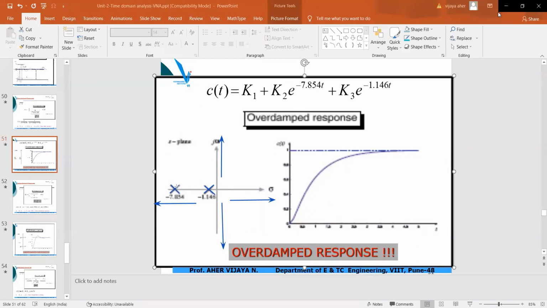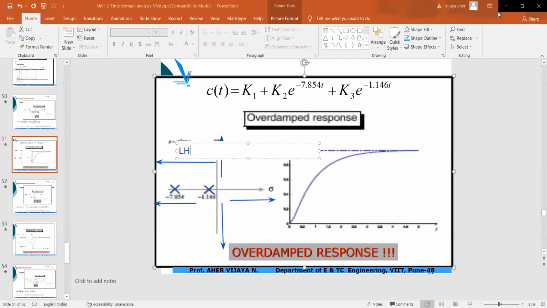Now observe the diagram carefully. S plane. So our poles are located in the left half of the S plane. From this point to this point is nothing but the left half of the S plane.